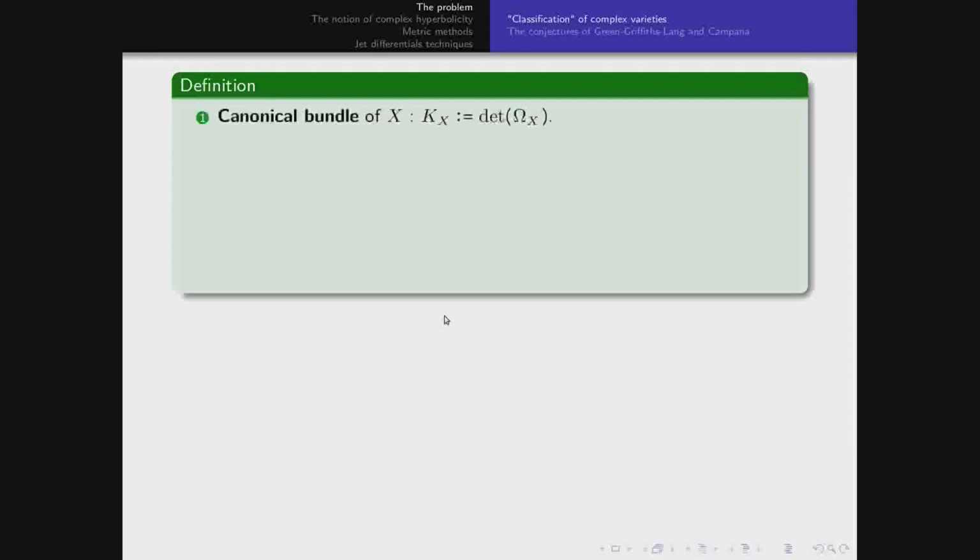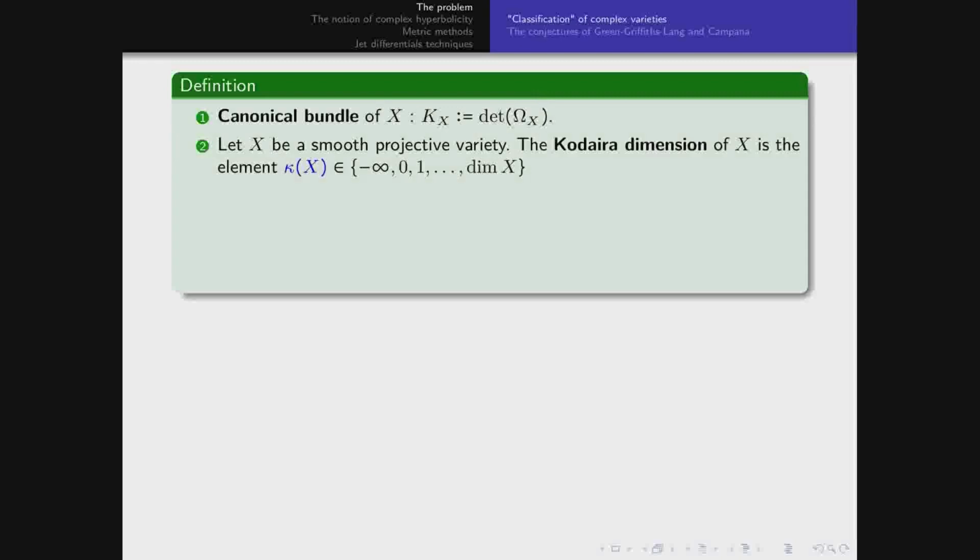Let me recall that the canonical bundle of X is just the determinant of the cotangent bundle. Given this object, we can form an invariant associated to any smooth projective variety, which is its Kodaira dimension. The Kodaira dimension is an element which is either an integer between 0 and the dimension of X, or minus infinity.